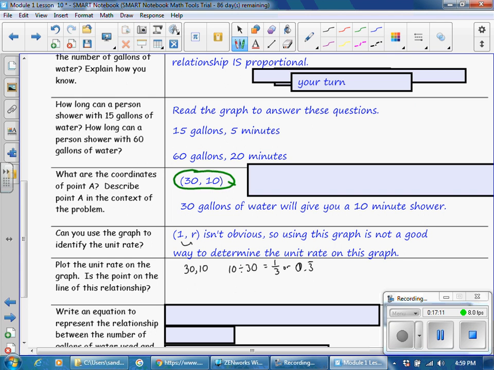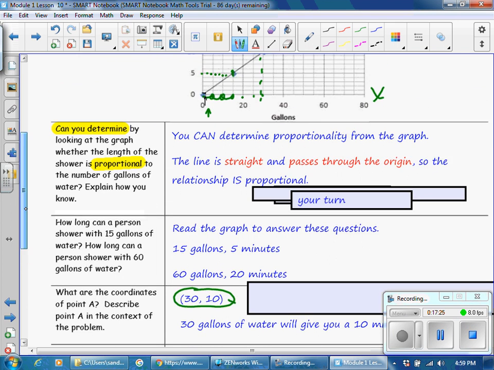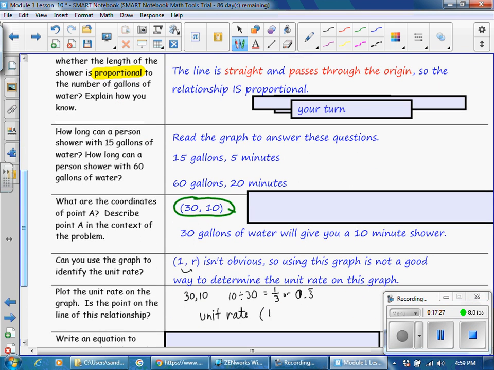So that is the unit rate, the point on the line of the relationship. So let's write the ordered pair for the unit rate. And that means for 1 gallon, you get 1/3 of a minute of shower.